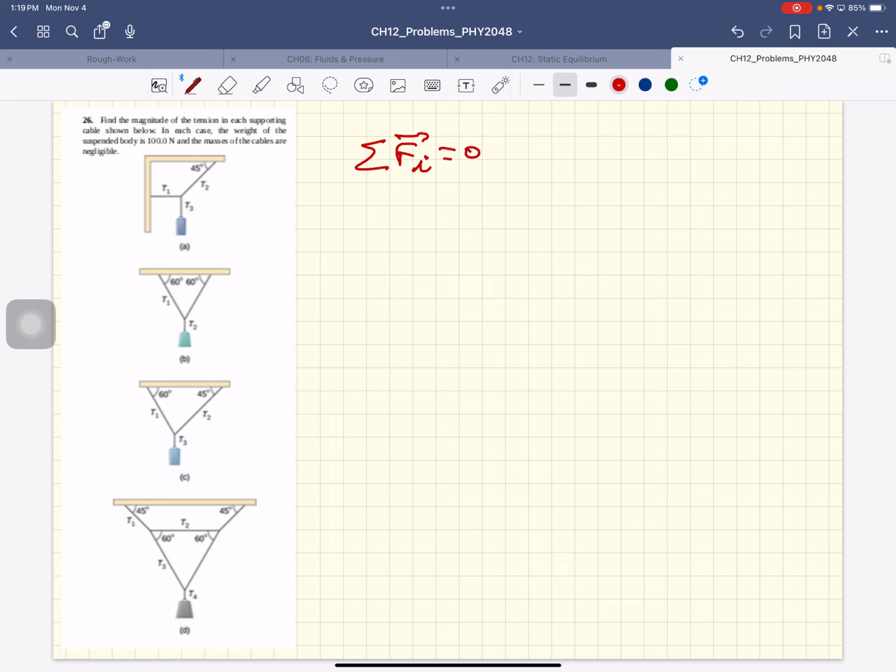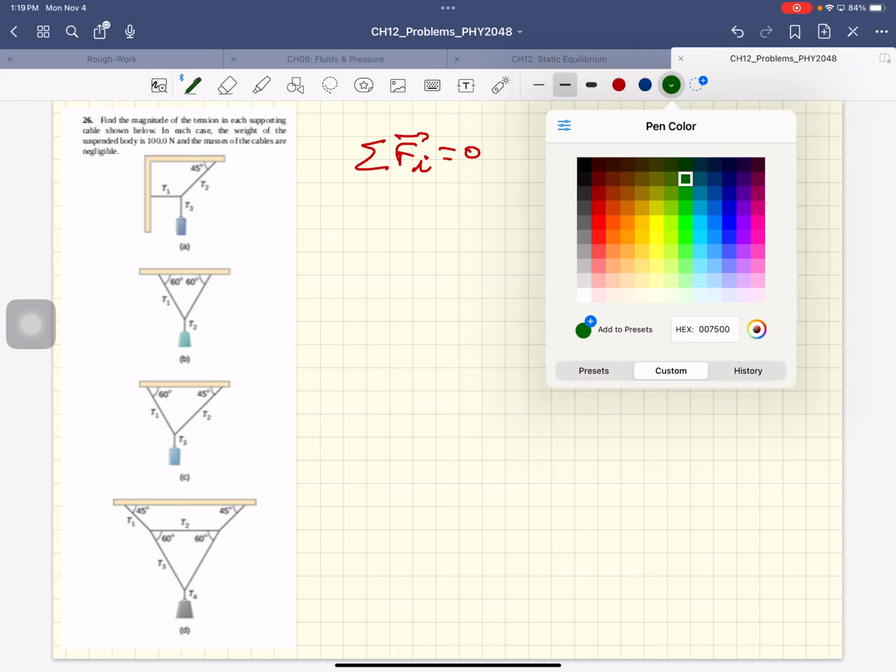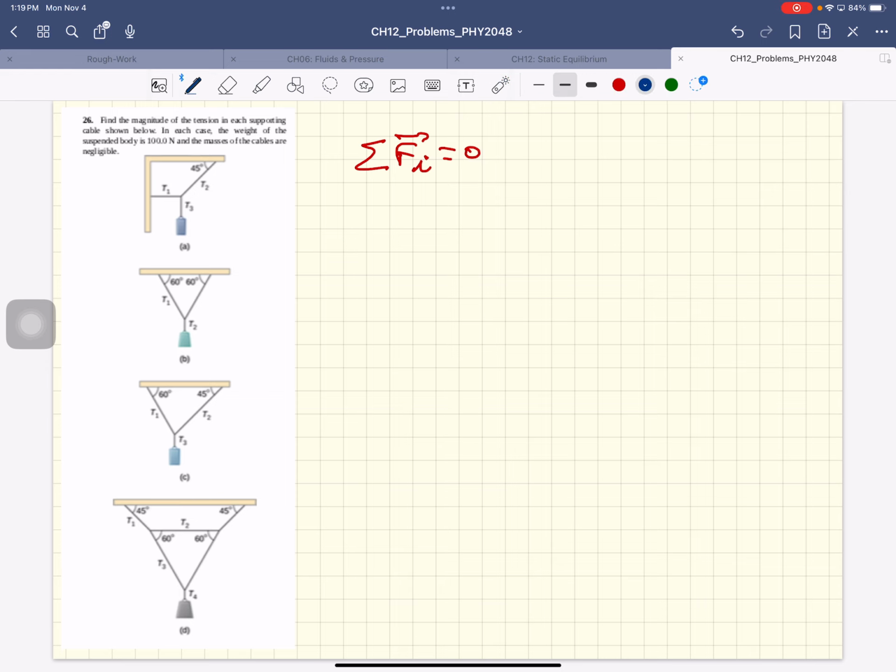So let's look at all the forces on that object. I'm going to draw this point object, and again, my x and y axes are always like that.